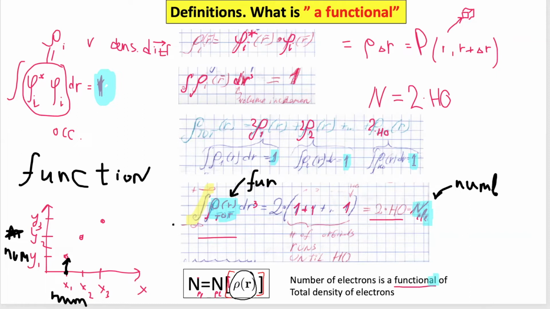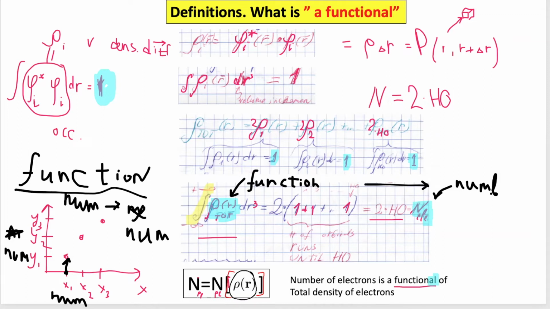So when we convert a number to a number, then it is a function. And when we convert a function into a number, how do we call it?